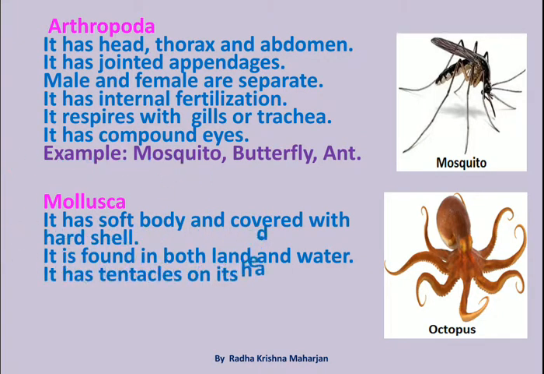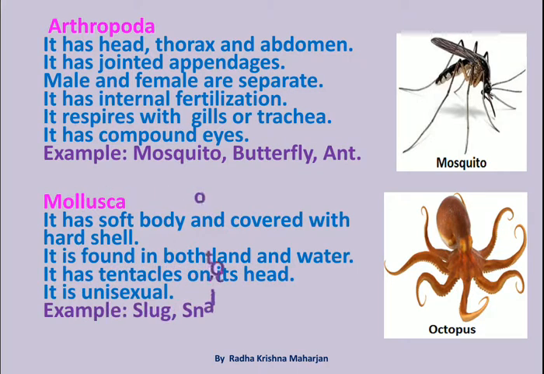It has tentacles on its head. It is unisexual. Example: slug, snail, octopus.